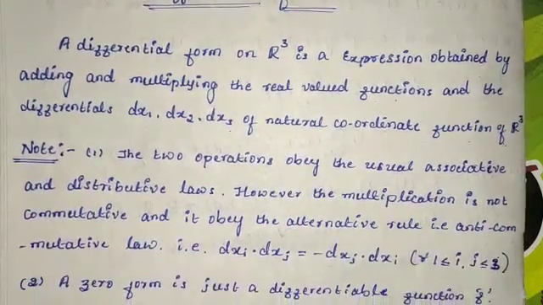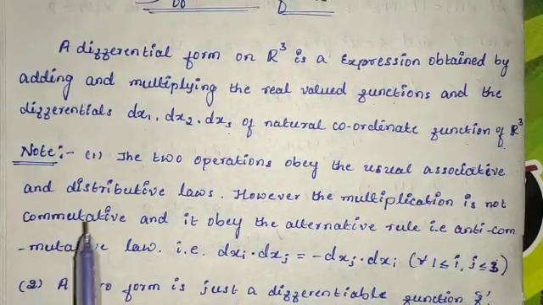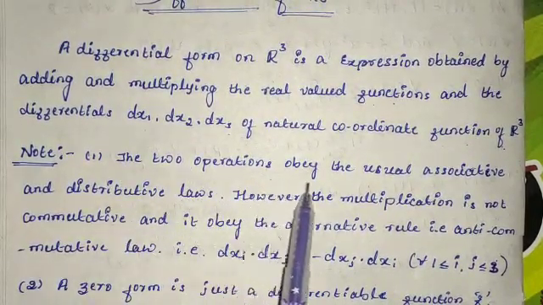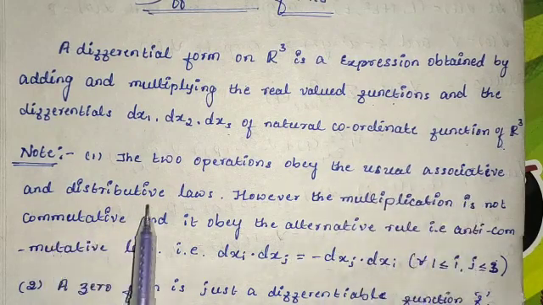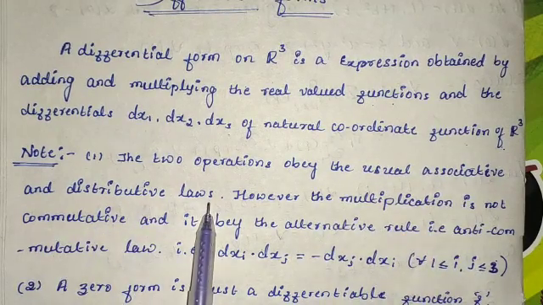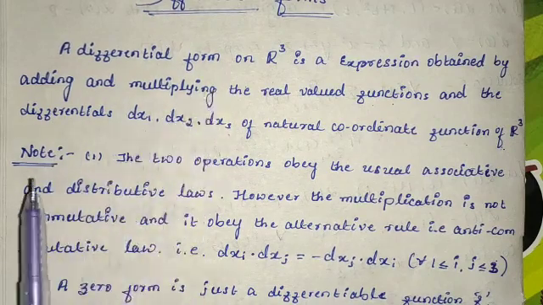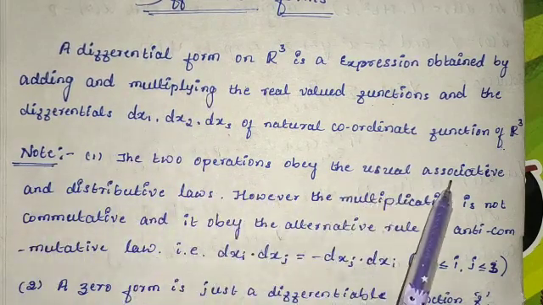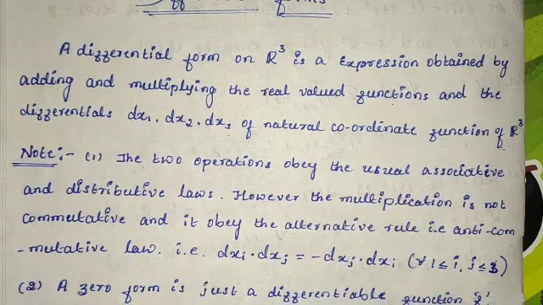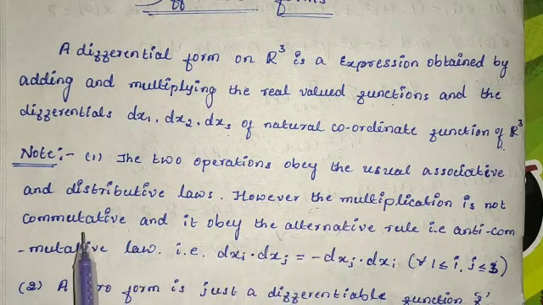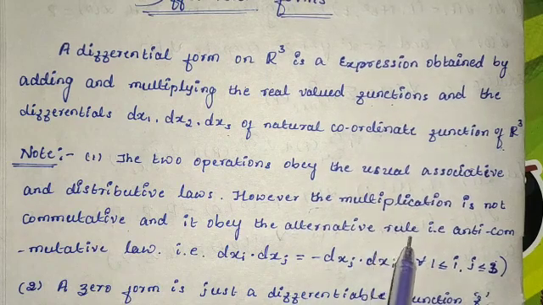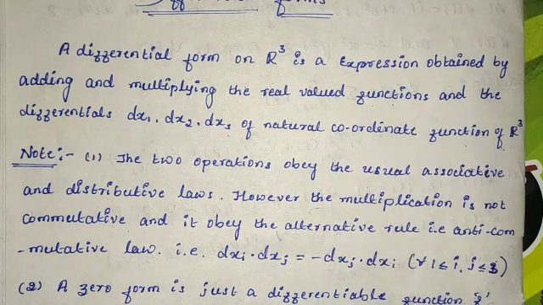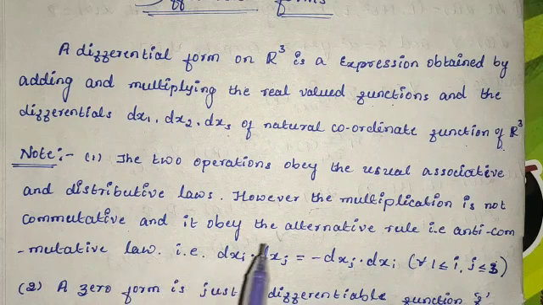Okay, now look here. These are very important notes. In the first one, the two operations obey the usual associative and distributive laws. Two operations means addition and multiplication. However, the multiplication is not commutative, and it obeys the alternative rule.